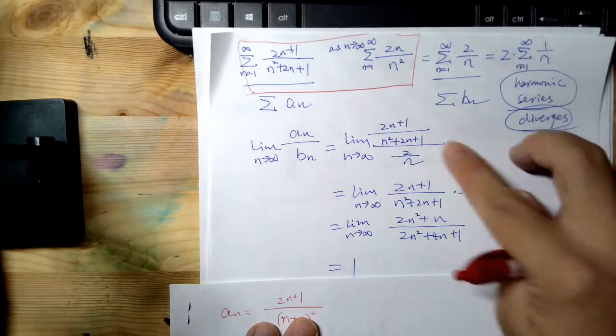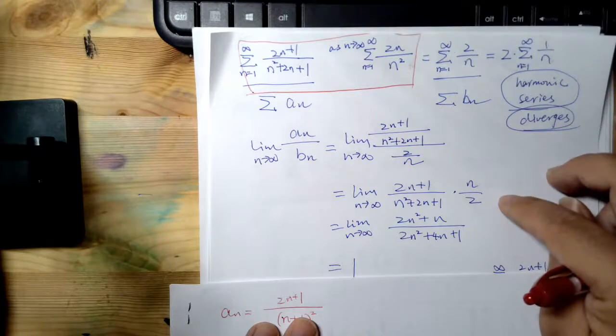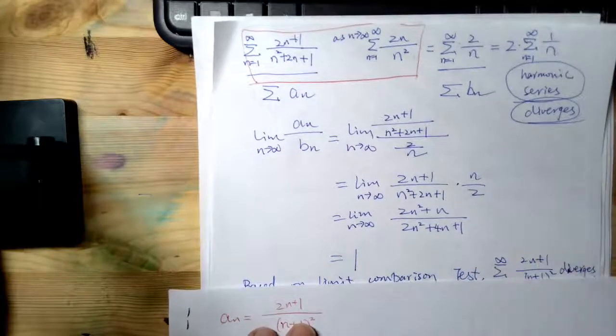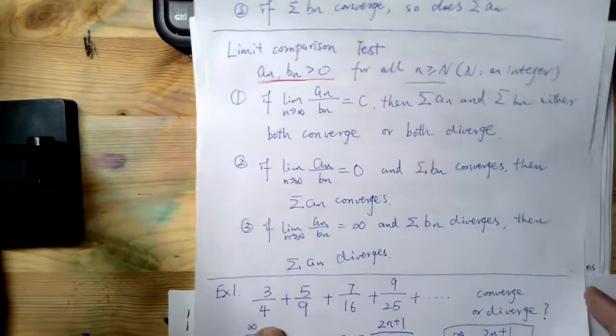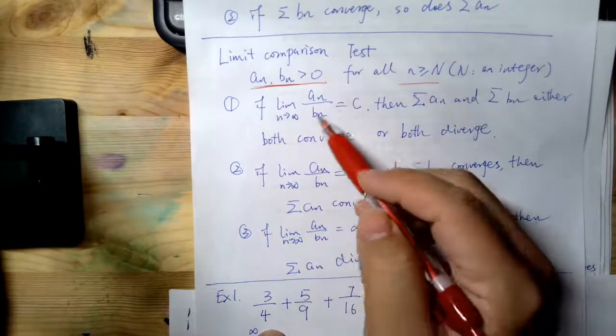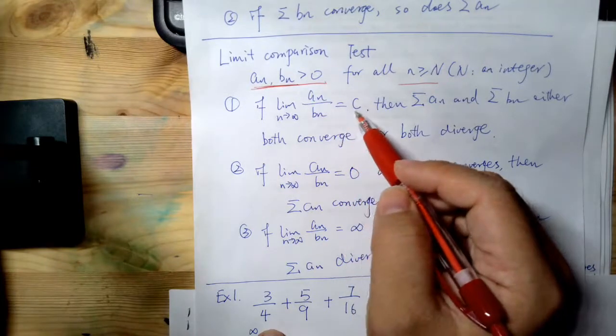It equals multiplying by the reciprocal, times n over 2. It turns out this limit becomes 1, and that satisfies the limit comparison test. We have a_n and b_n both positive, and the limit as n goes to infinity of a_n over b_n equals 1 in our problem.